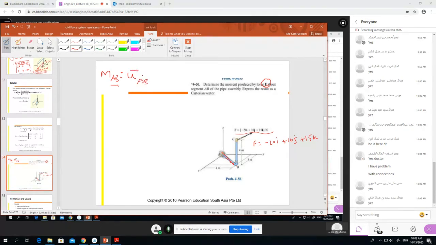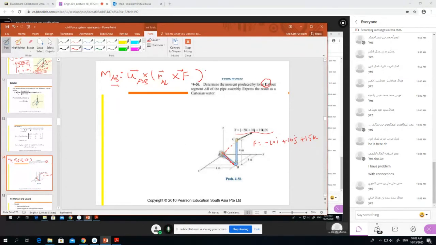That we know already. That is the cross product of R vector RAC with the force. These are the things we have to calculate.